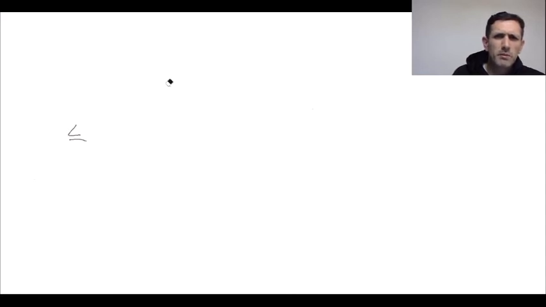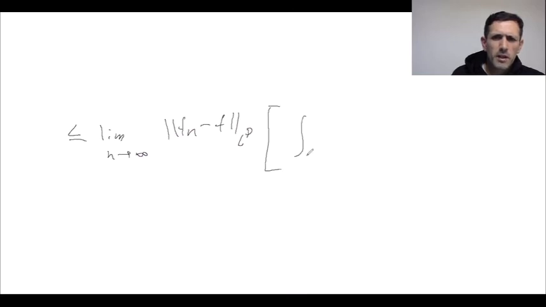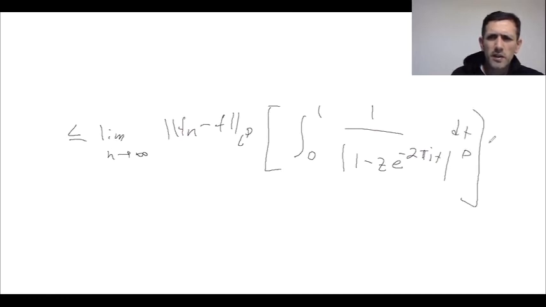Forgot the limit. Sorry about that. So f_n minus f times the L^p norm of 1 over (1 minus z e^(-2πit)) dt. Okay, and we're not claiming any uniformity in z.